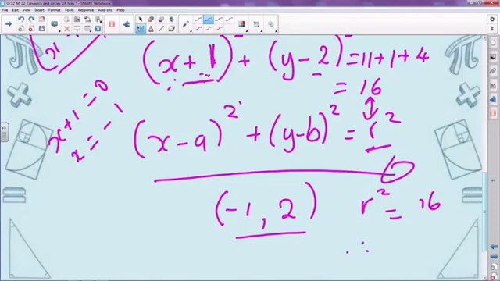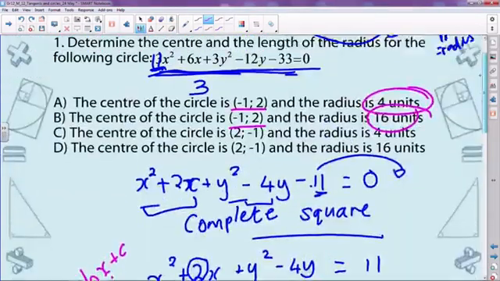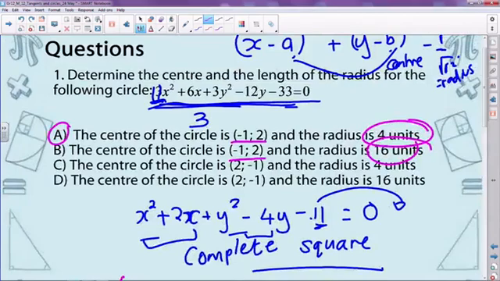So therefore, your radius will be the square root of 16, which is going to give you 4. Obviously, minus 4 is not applicable because a length will never be negative. So therefore, your answer here would be A, where we have the center as minus 1, 2, and the radius is 4 units. Okay, and I hope that all of you got that one.